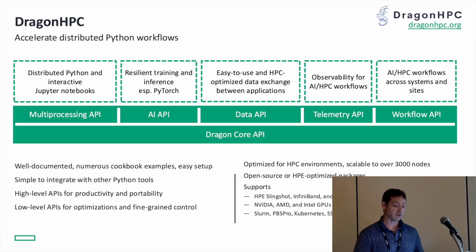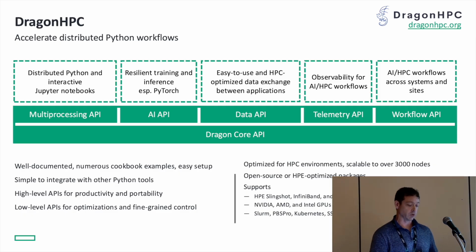A couple of key things though: despite it being a distributed Python tool, we've scaled this over 3,000 nodes on Aurora, and we plan to keep on scaling up. We support Slingshot, InfiniBand, Ethernet, all the different types of GPUs that HPE mainly deals with, and lots of different execution environments.